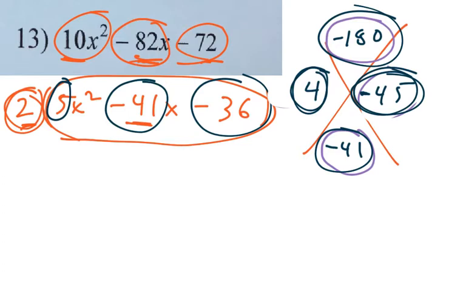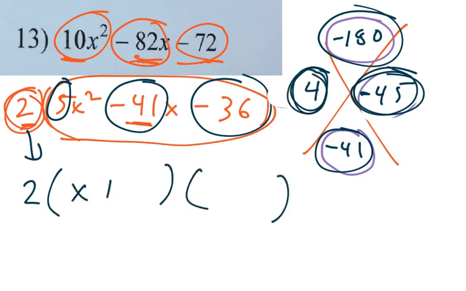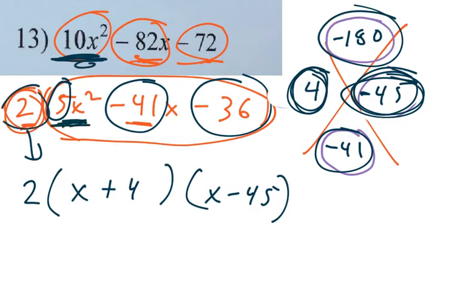So what is our answer? Don't forget the 2 that we started out with, parentheses. The 4 means x plus 4. The minus 45 means x minus 45. But we need a 10x squared. Sorry, a 5x squared. We took the 2 out of it, right? But right now we only have x times x, which is x squared.